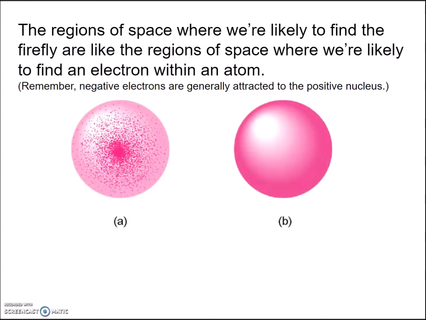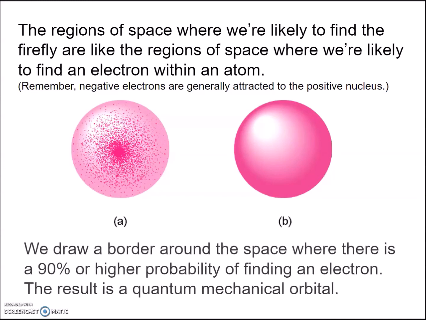Well, in the same way that the firefly generally spends its time near the center of the room where the female pheromone is, the region of space where you can find an electron is generally going to be near the nucleus. We get to draw a border, and we have to arbitrarily say there's some percentage around which we're going to say that's the edge that we want to draw our shape.